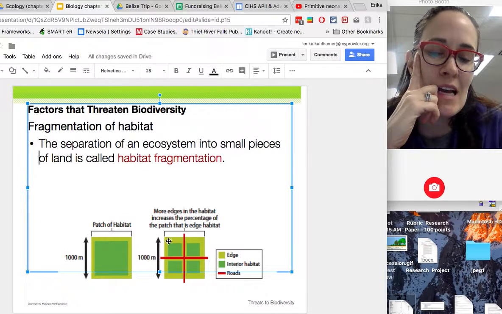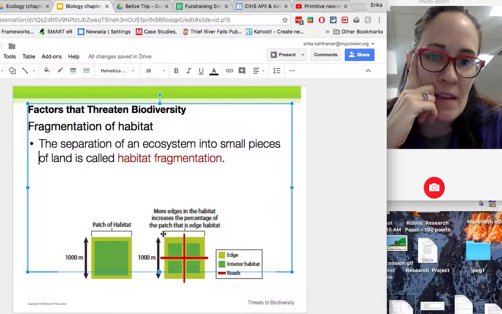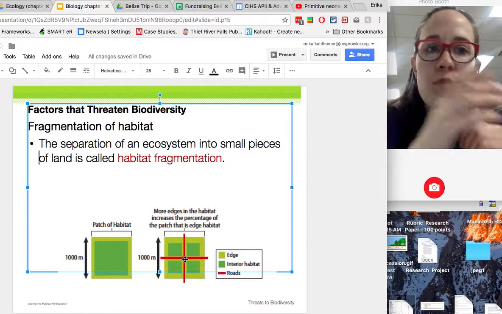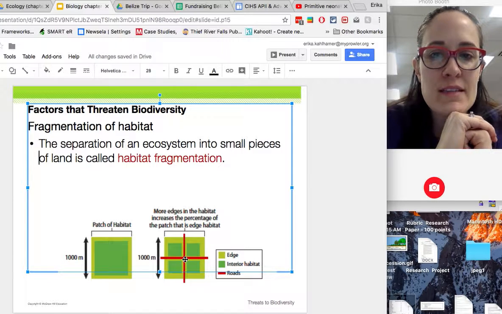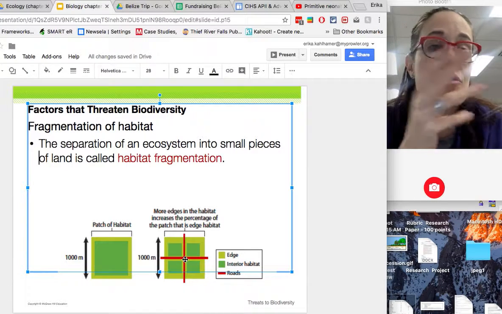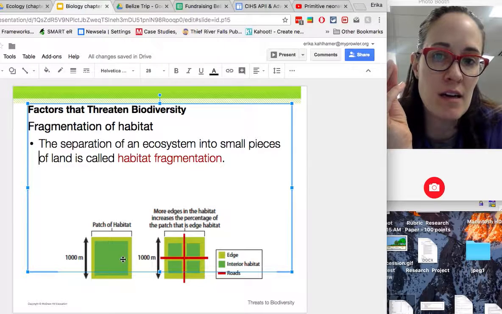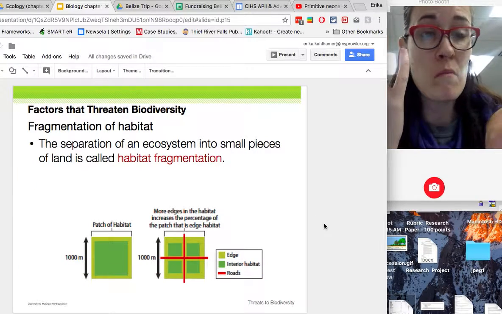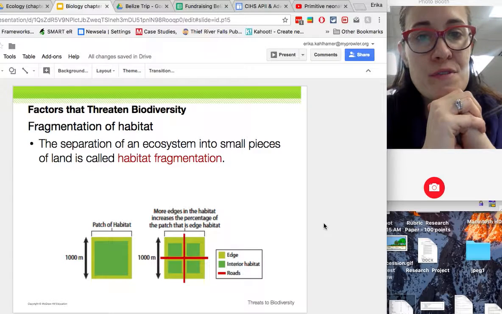So this gives an example of that habitat. The edge and the interior habitat: the interior, that green area, is where the animals live. If, for example, roads were put in this habitat, you can see how the dark green space greatly diminishes, which will directly impact the animals.